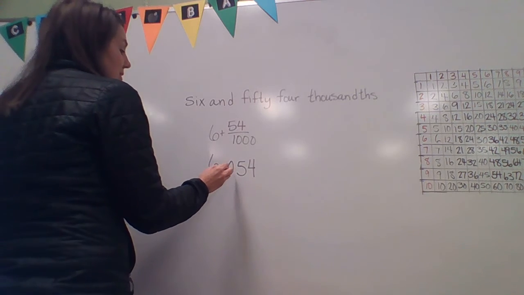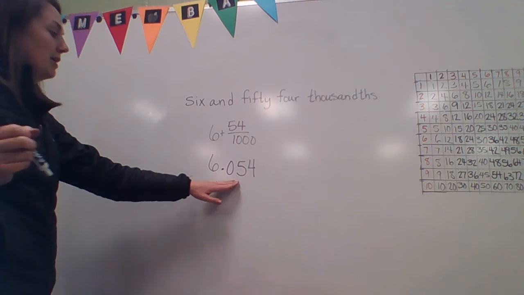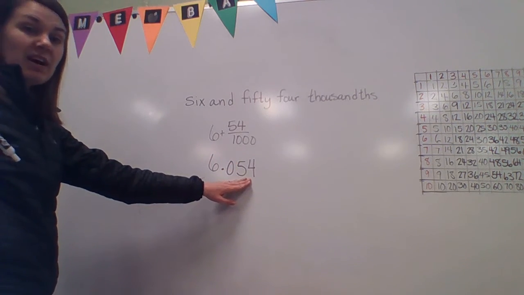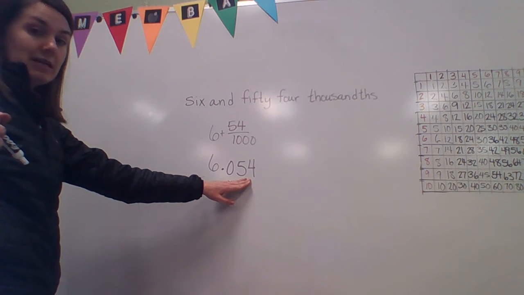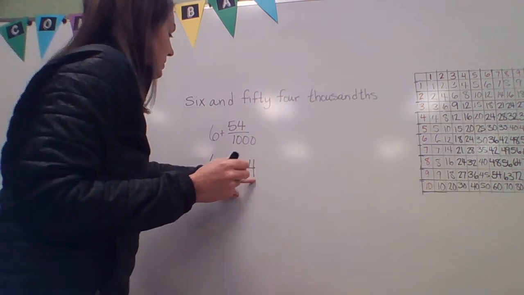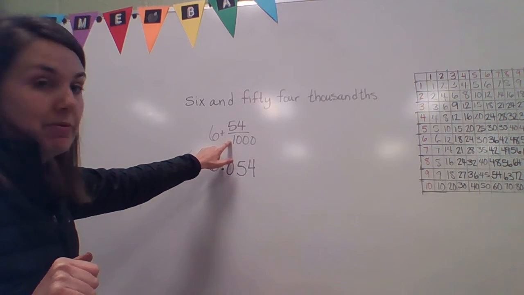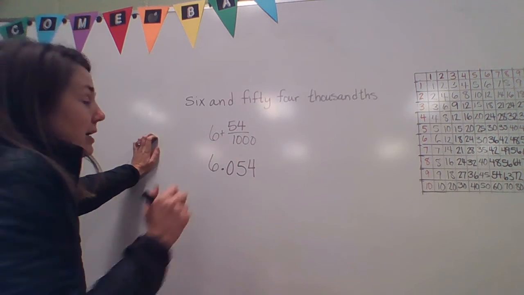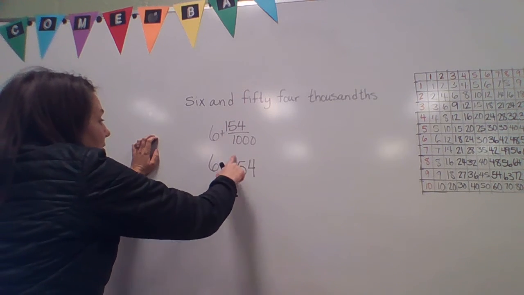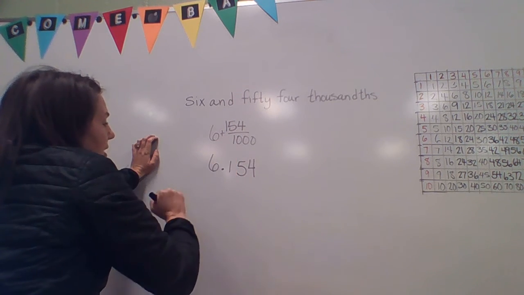So I would have 6 and 54 thousandths written as a decimal because I need my last place value to be in the thousandths place because that's what we're talking about. Again, if I had 154 thousandths, then I would have a 1 in the tenths place.